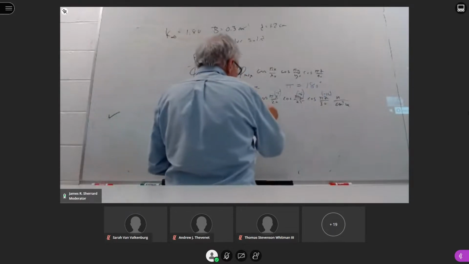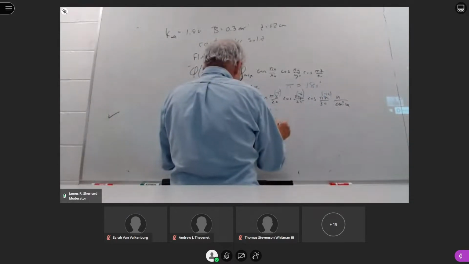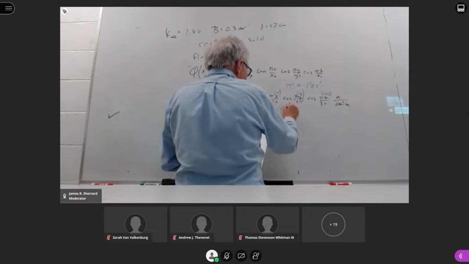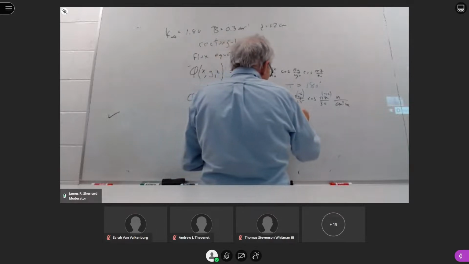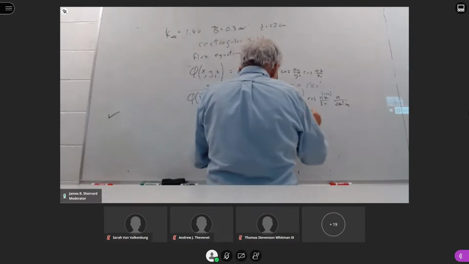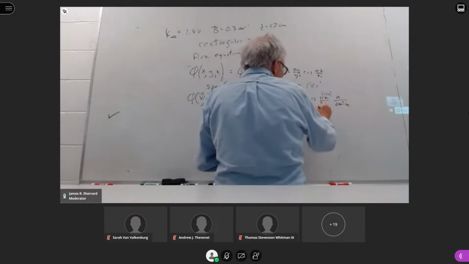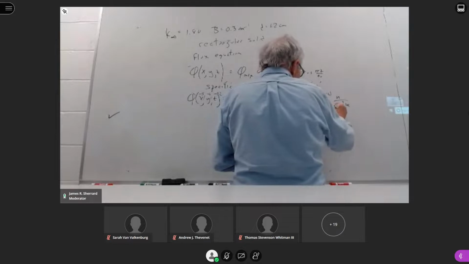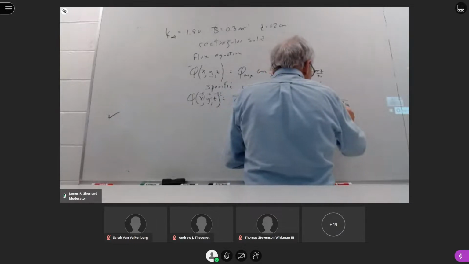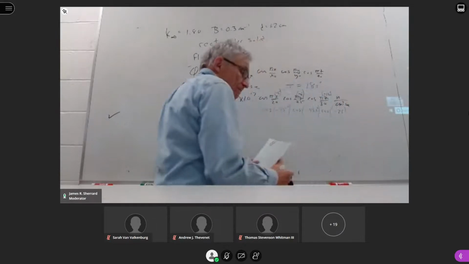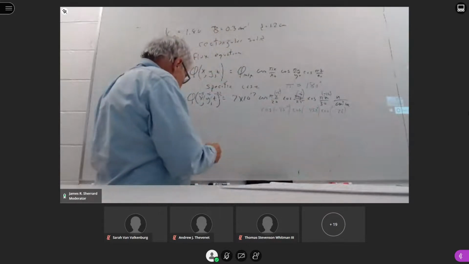When I do this, this becomes the cosine of minus 45 degrees. This becomes the cosine of minus 43.2 degrees. And this becomes the cosine of minus 72 degrees.